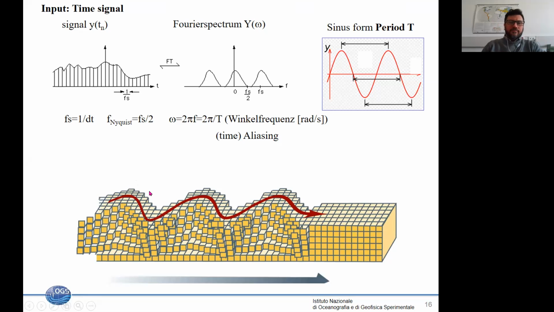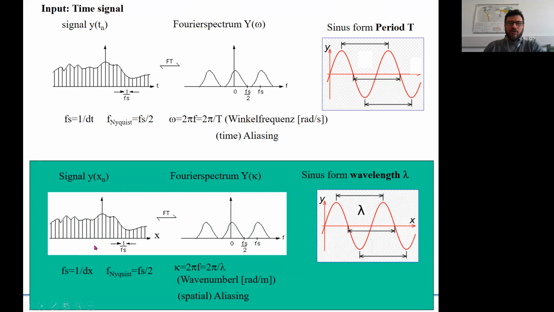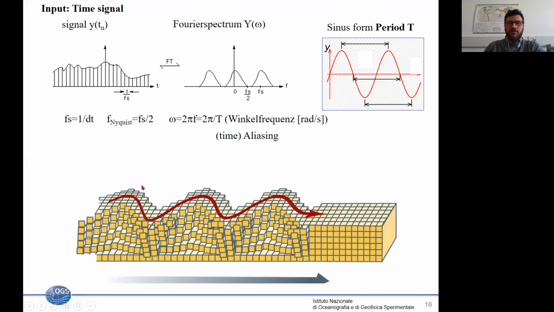Okay, so if we look at the position of each particle in the space and not in time, you can also sample your signal in space with many sensors at a consistent distance, like you are doing in time.